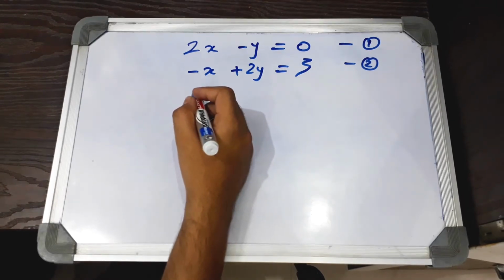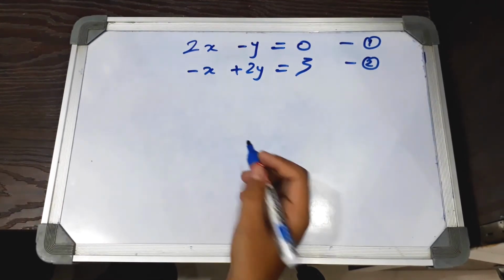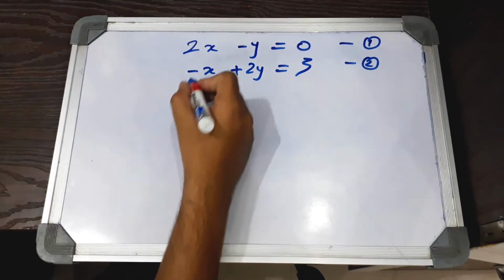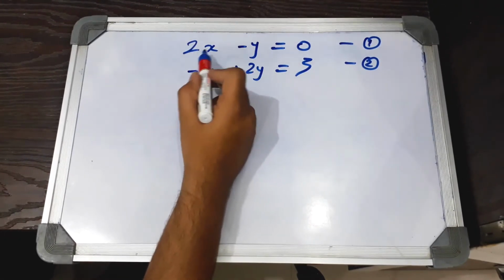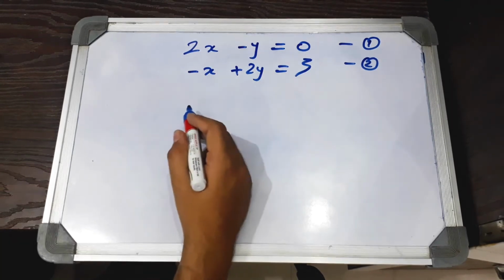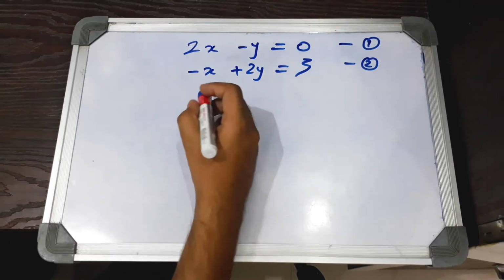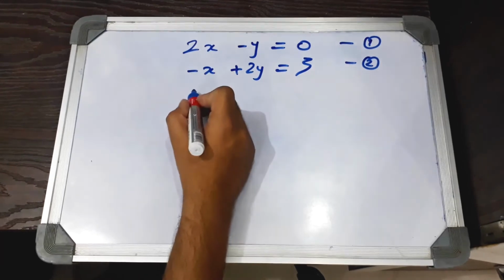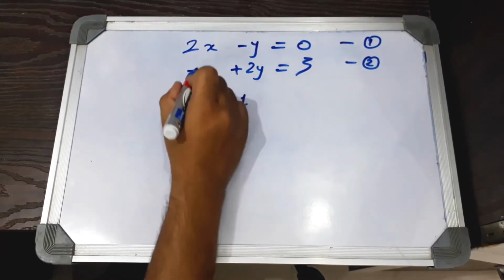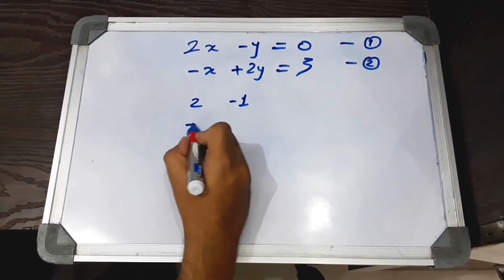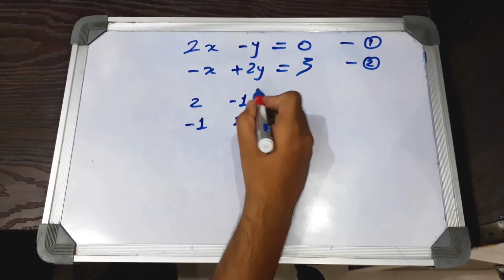Let's try to write it down in the coefficient matrix form. Coefficients are the constants which are multiplied with the variables, and we make a matrix out of it. So the coefficient matrix will be 2 and minus 1 in the first row, and minus 1 and 2 in the second row.